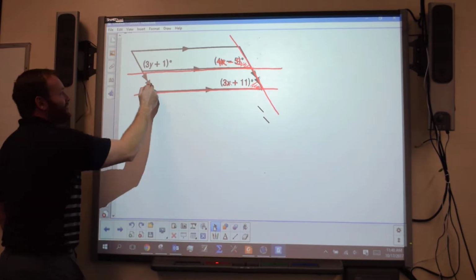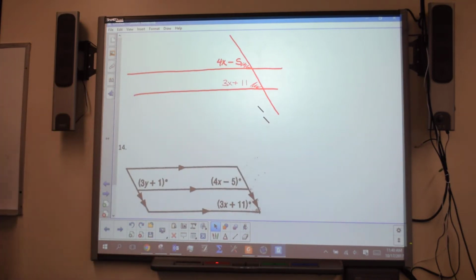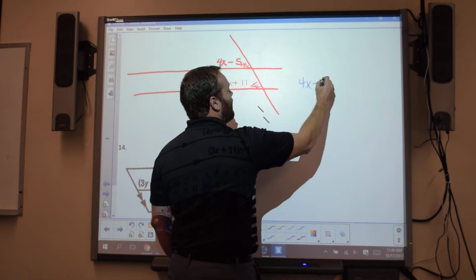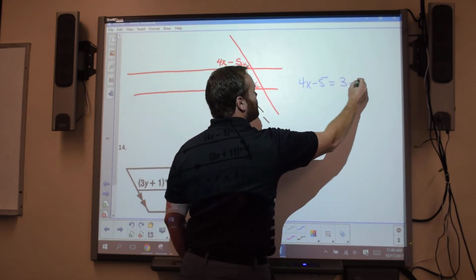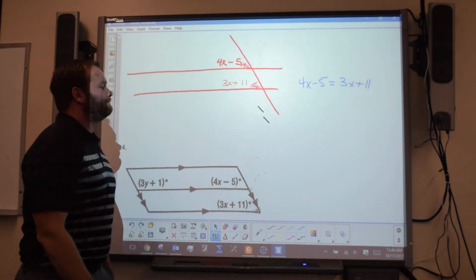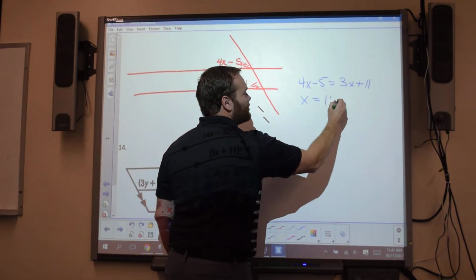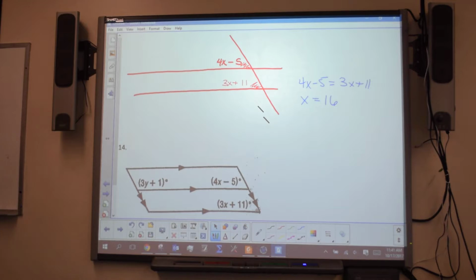If I remove the picture, what kind of angles are those two angles? Corresponding. So they should be what to one another? Equal. Okay, so we're going to say 4x minus 5 equals 3x plus 11. Alright, so x equals 16, right? Okay, so x is 16.